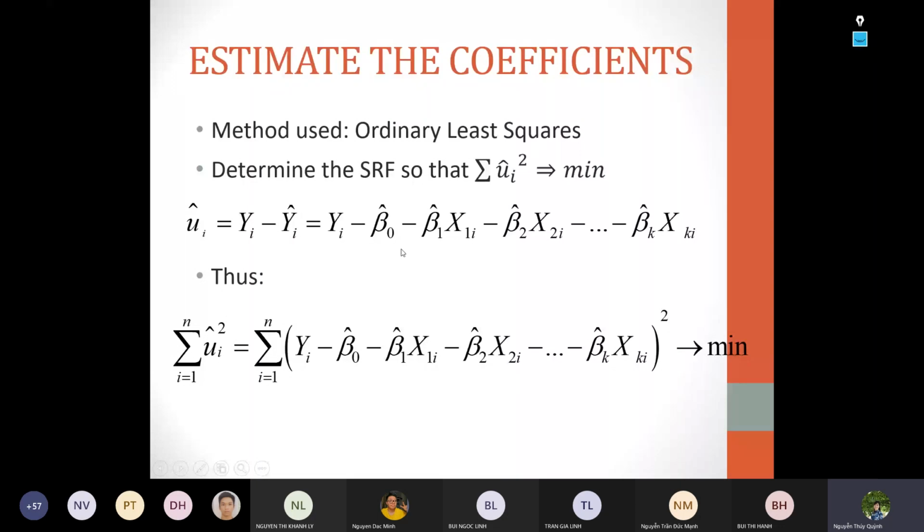We have to find the sample regression model that minimizes this, which means we have to solve for the values of beta 0 hat, beta 1 hat, and so on to beta k hat. Similarly to the two variable regression model, we will take the first derivative of this expression with regard to beta 0 hat, beta 1 hat, beta 2 hat, and so on to beta k hat.